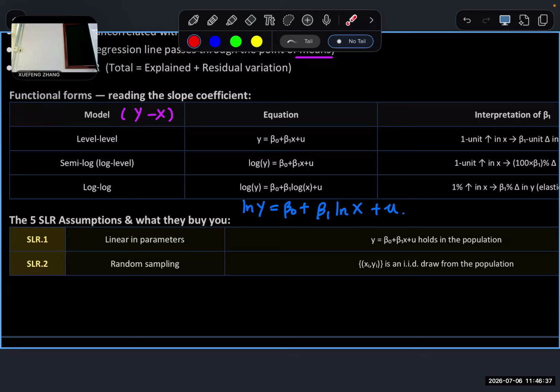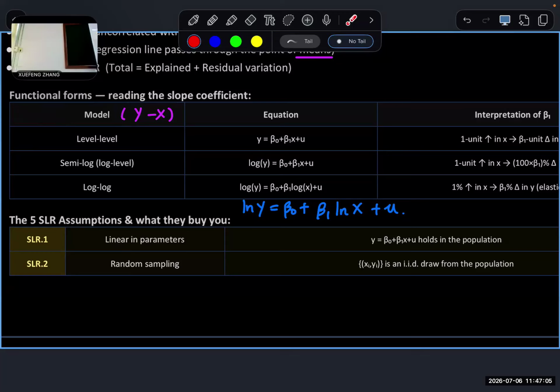Another reason why we use log is that sometimes data is 0 or negative, and you cannot take log of 0. So we take log to make it non-negative. It will have a concave function. It always goes up, right? So this is the reason why we take log.